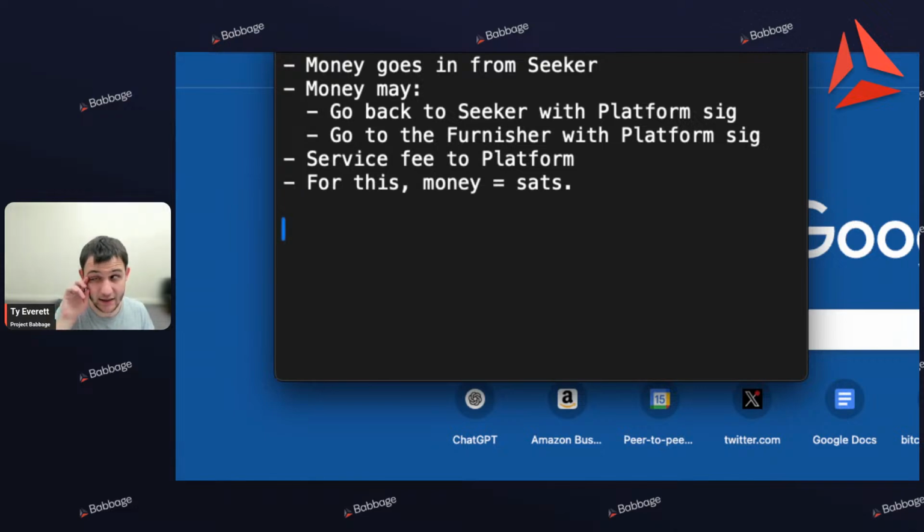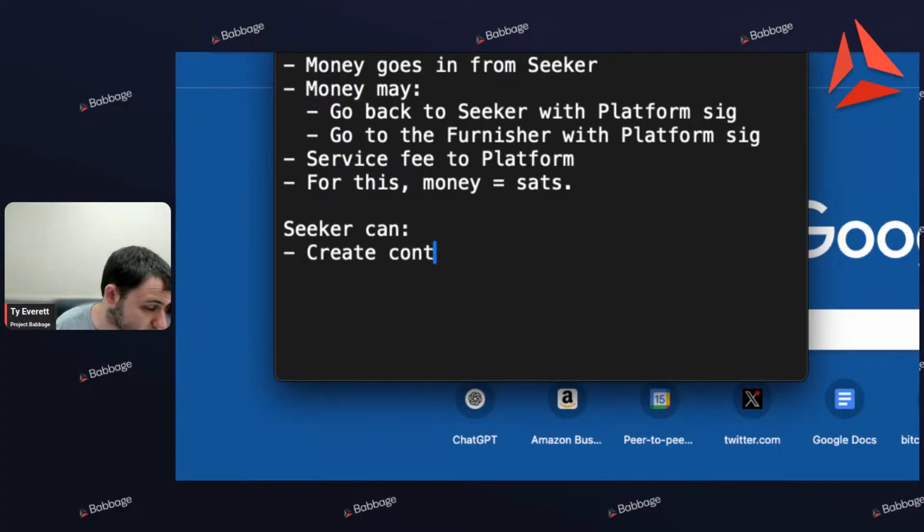As a seeker, I can create this contract, right, offering money.